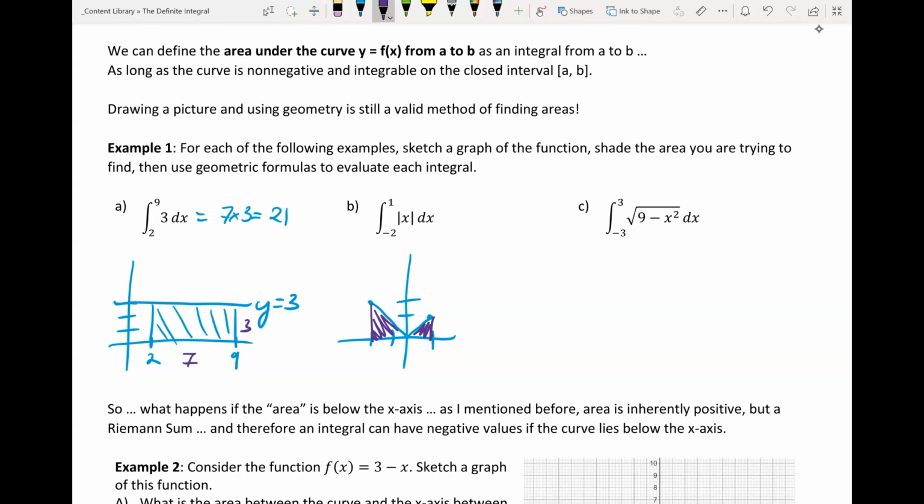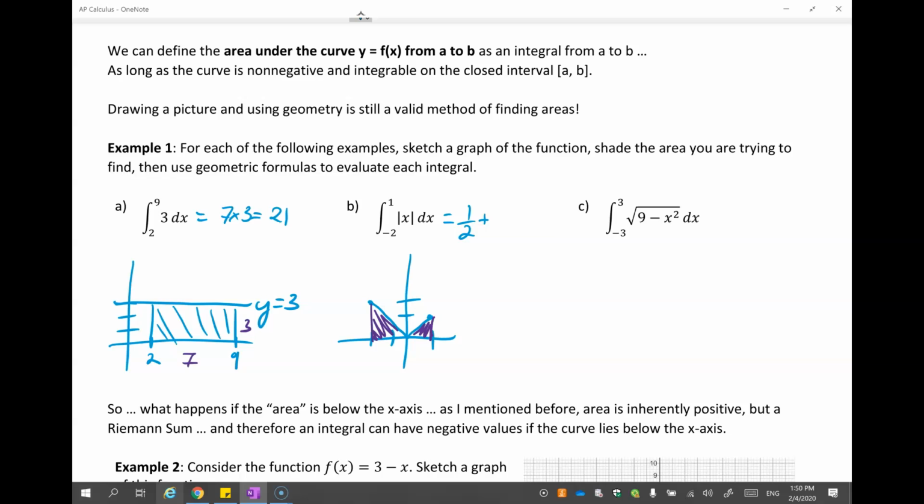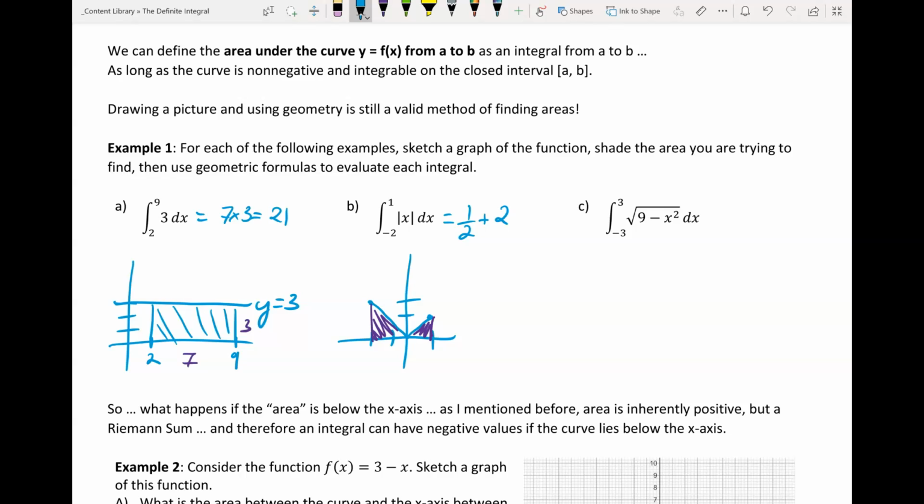So we just have 2 triangles to calculate the area for. The first one is 1 times 1 divided by 2, which is a half. And the one on the left, this is going to be 2 times 2 and then divided by 2, which is just 2. So that's 2.5 for B.